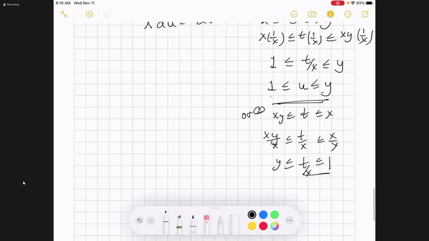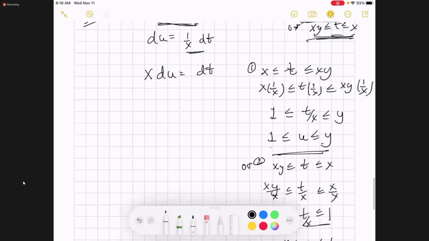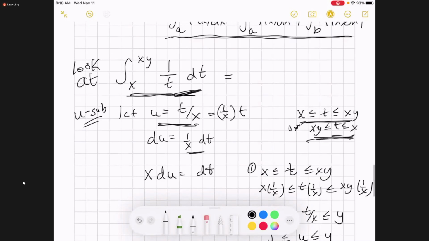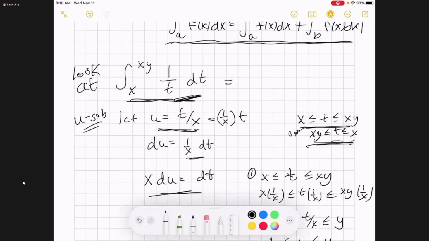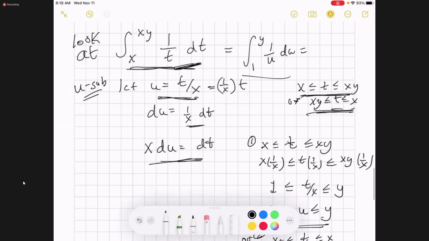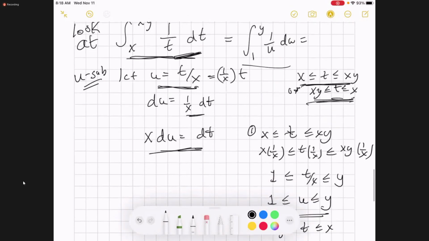So either way, relative to my new variable u, my endpoints are 1 and y. So with this substitution, this becomes the integral from 1 to y of 1 over u du. Let me come down and put in another step.